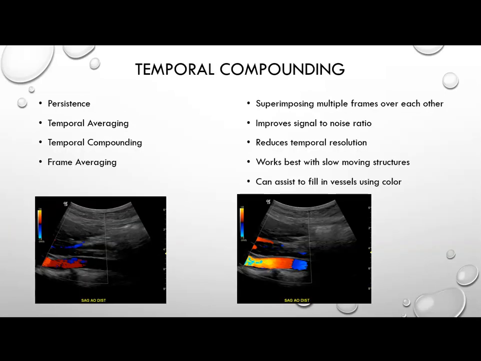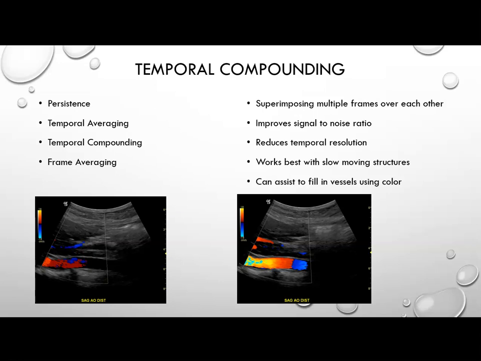Temporal compounding is also known as persistence, and this was on last year's SPI exam for sure. It utilizes temporal averaging, and so what it does is it takes a frame of information and averages it with the next frame that it takes, and then that'll be averaged with the one after it. Okay, so this is superimposing multiple frames over each other.